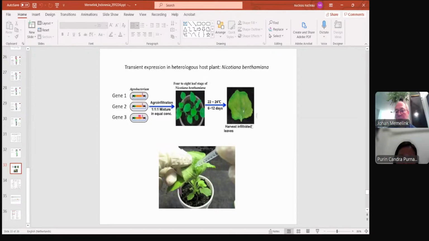If you have a positive answer, you know that one of these 10 is the right candidate, and then you can individually infiltrate each of the 10 to see which one is catalyzing the reaction. So this method simplifies the analysis of the candidates to a very large degree. It is really a game-changing method in the analysis of these P450 enzymes.